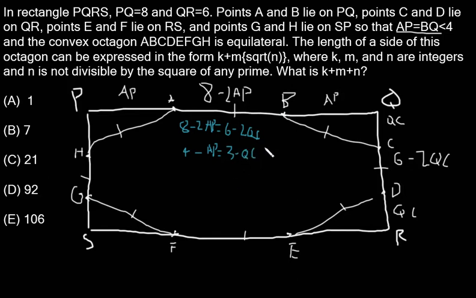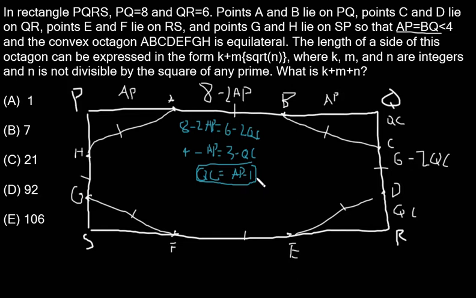Alright, and we can simplify this down even further, and we will get that QC is equal to, what is it equal to? AP minus 1. Alright, so this is important because we just found a value for QC, and we're just going to try plugging this value into our system of equations.